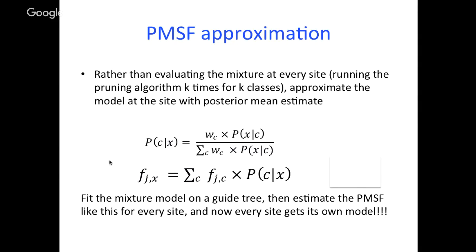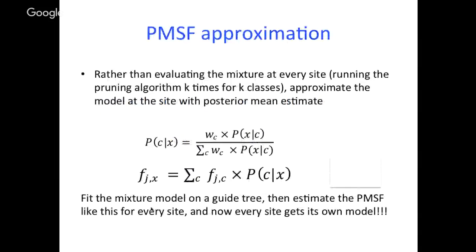So the first step in our procedure is to take a guide tree, say your single matrix tree, LG plus F plus gamma, and fit your favorite mixture model on that single tree. From that single fitting, you can actually estimate these posterior mean frequencies, and they now become the model for every site.